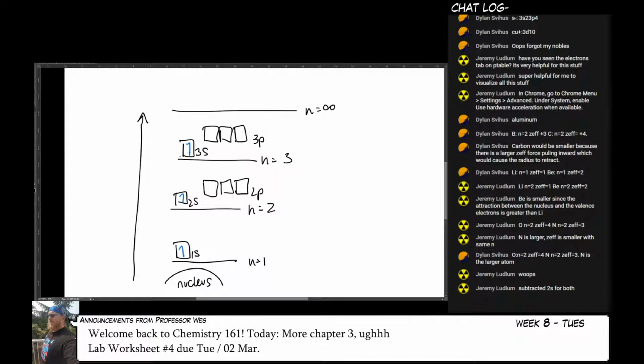Which electron is easier to ionize? A 3s electron, a 2s electron, or a 1s electron? Well, if I want to ionize 3s, I only have to put this much energy in, right? But if I wanted to ionize a 2s, I'd have to put in this much energy.